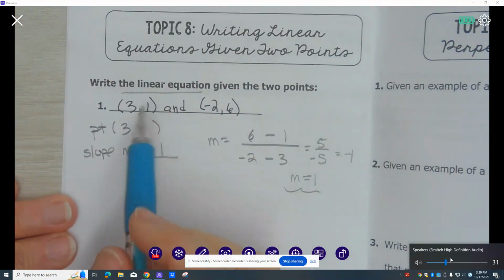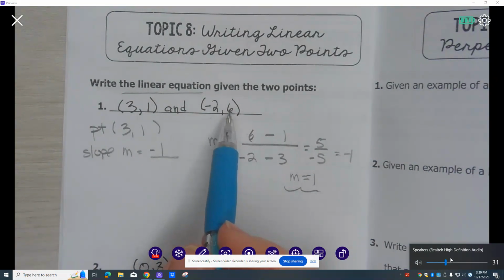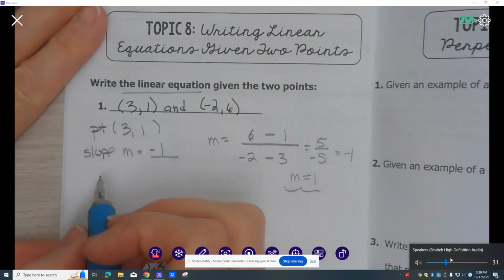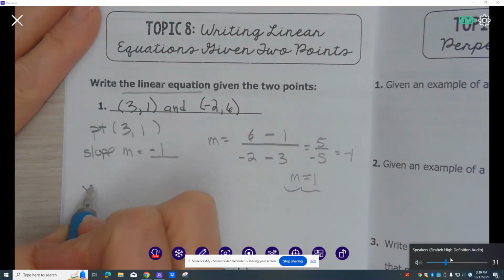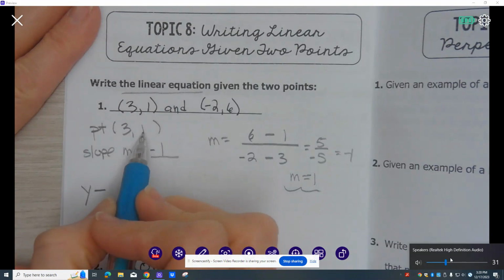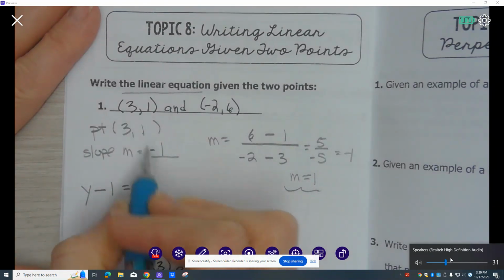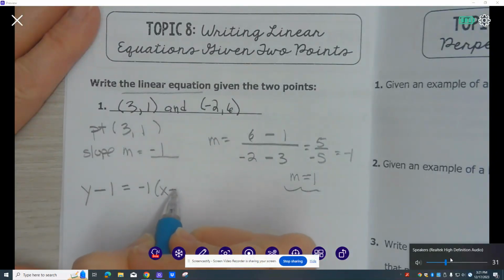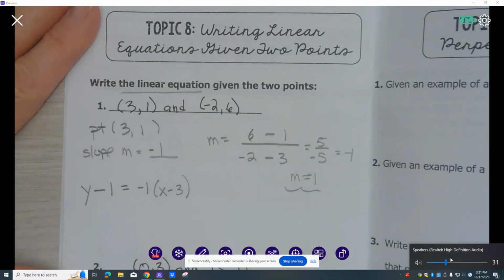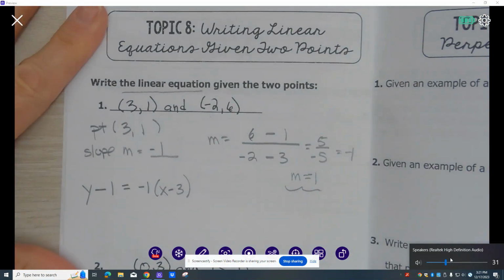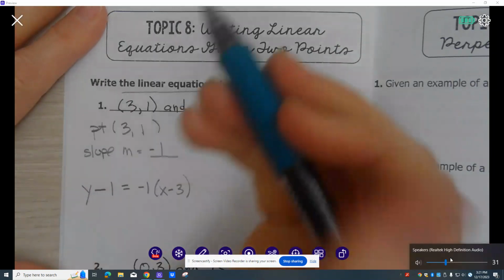Again, neither one of these points is the y-intercept, so I have to use point slope form. So y minus my y value, which is a 1, equals m times x minus 3. Okay. For this one, I'm going to have you practice, and I should have added this in the beginning.